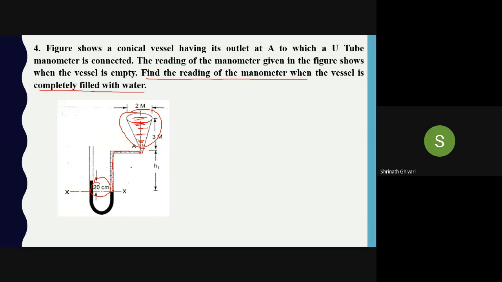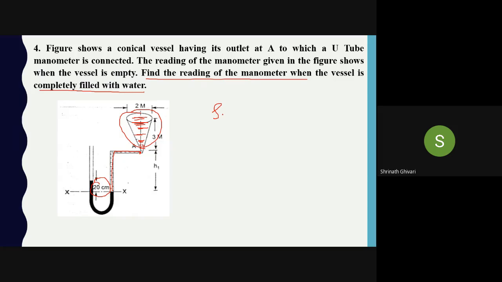Now, what is not there here? H1. How will you calculate H1? See here, has it given any pressure? No. So how to find out is the same formula. This is on the left limb.